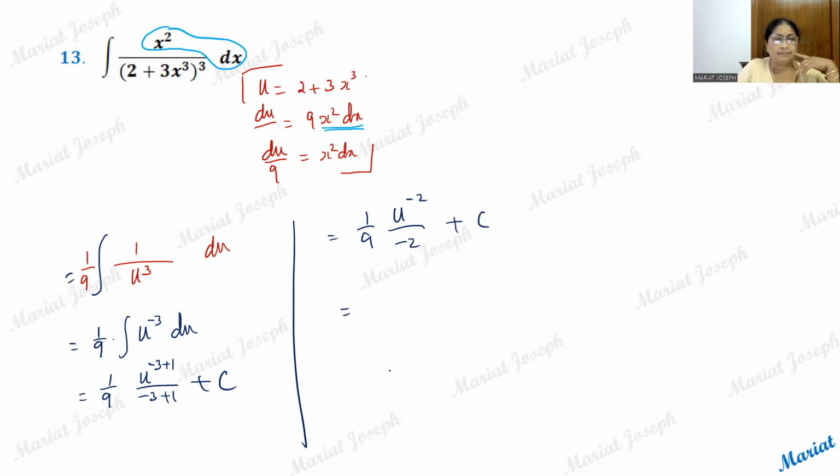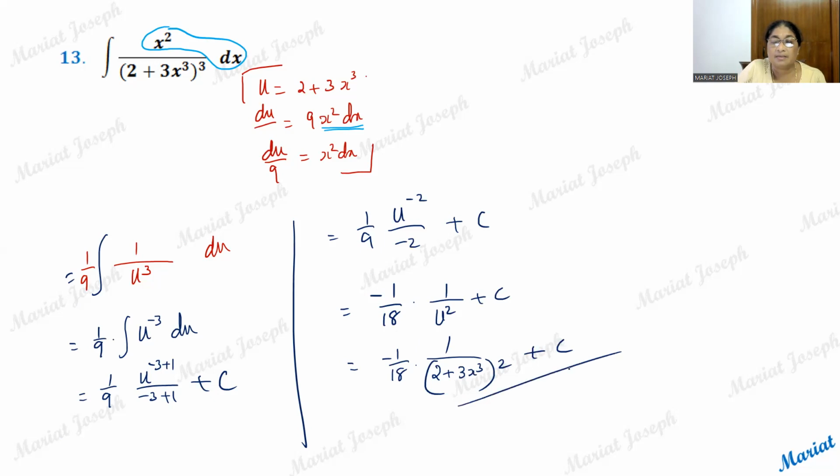That is minus 1 upon 18 into 1 upon u square, that is minus 1 upon 18 into 1 upon 2 plus 3x cube whole square, plus c. You have to put back the u. That is question number 13.